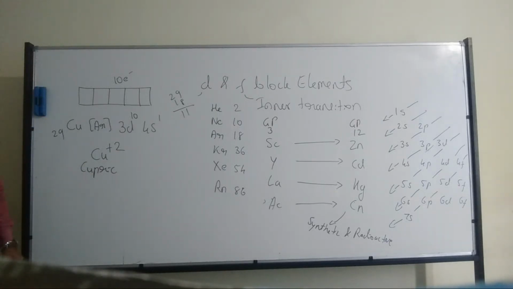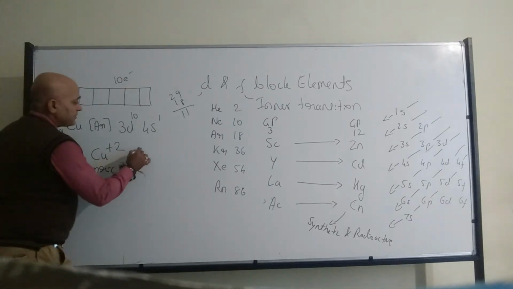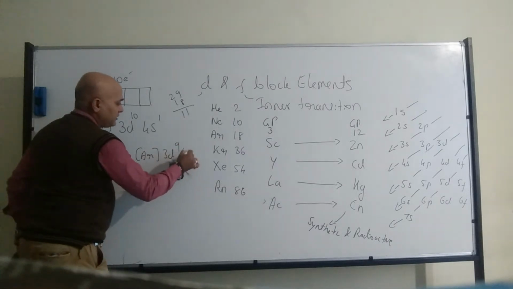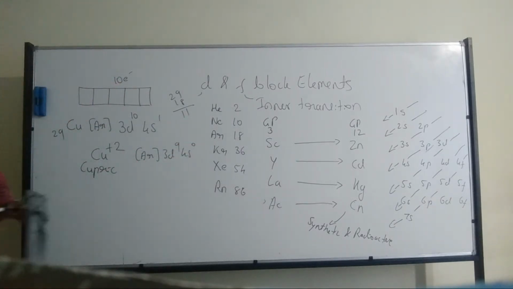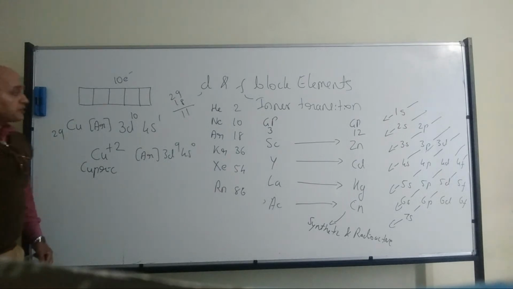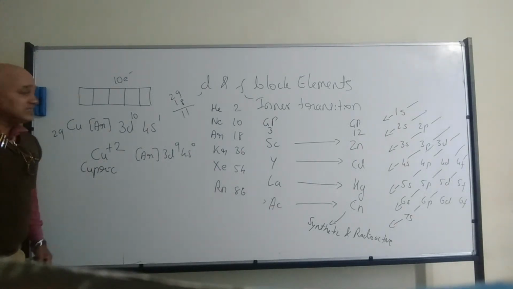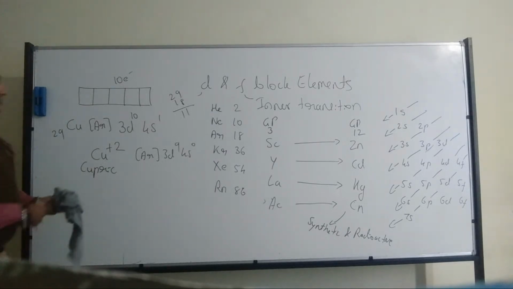So in that case, what should be the electronic configuration for cupric ion? It will be argon 3d9 4s0. All of you will agree? So 2 electrons are not there. So 3d9 4s0. Sir, 3d10?